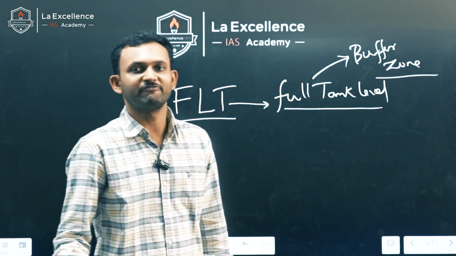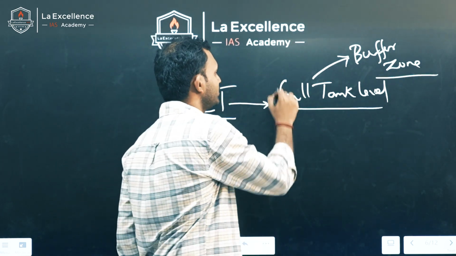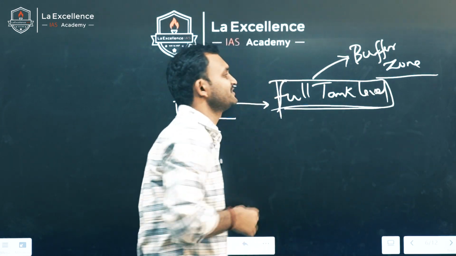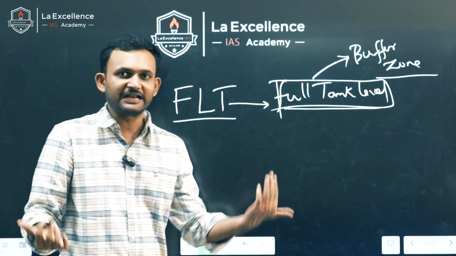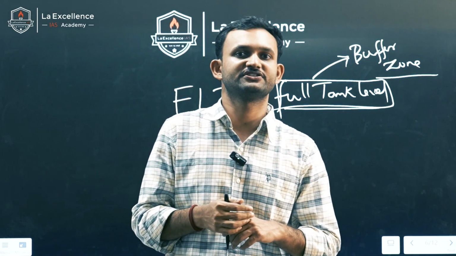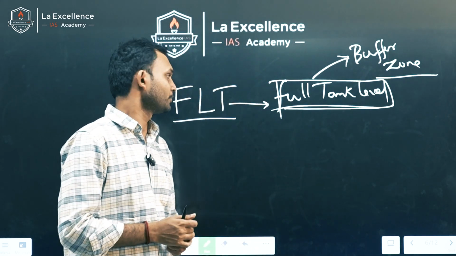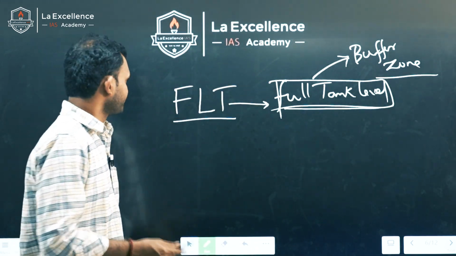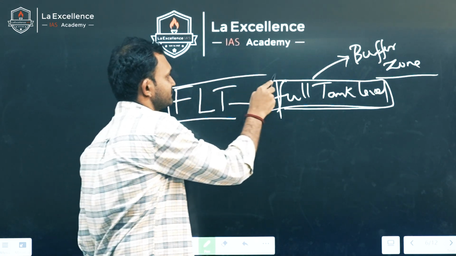So including the buffer zone, the boundaries would be termed as Full Tank Level. So within the Full Tank Level, if there's any structure, then you can bring down that structure, is the mandate given to this Hydra.